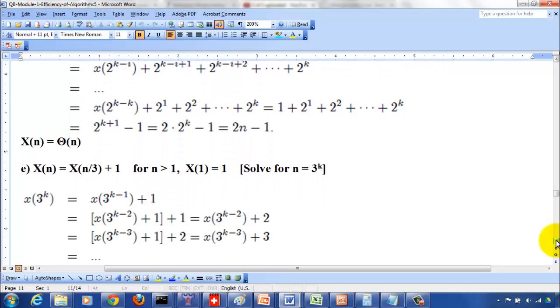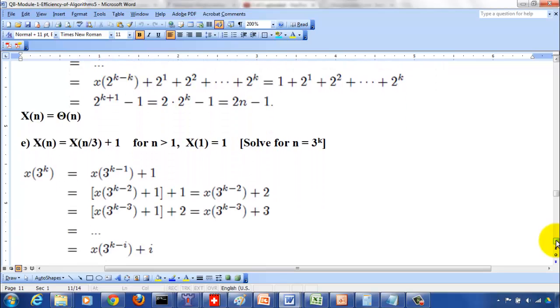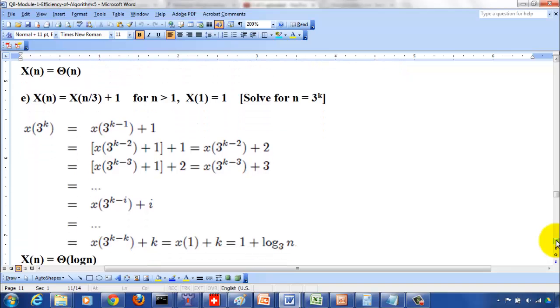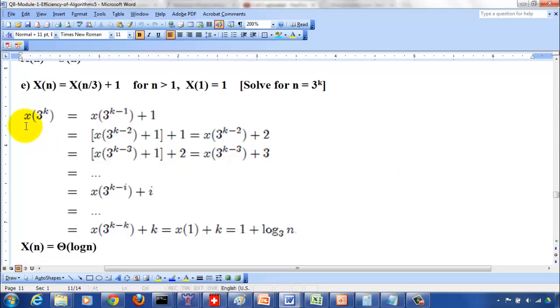So same thing with n equals 3 to the k here. Okay, so x of n equals x of n over 3 plus 1. So I put n equals 3 to the k. So I can say this is x of 3 to the k is x of 3 to the k minus 1 plus 1, because it's n over 3.